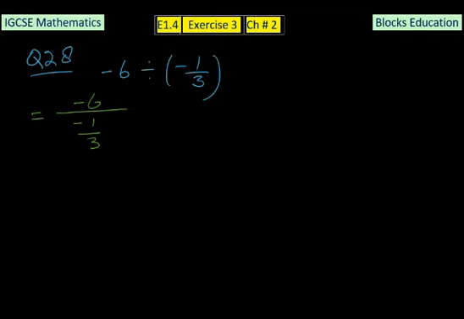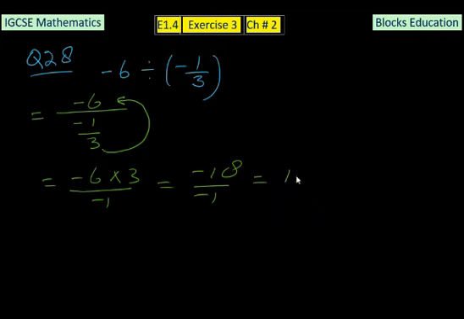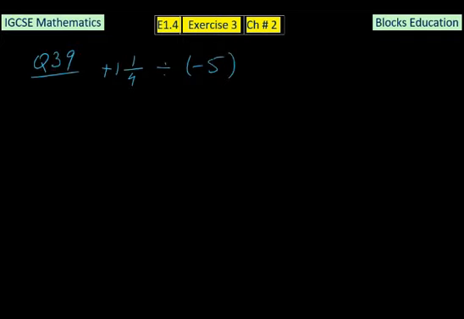Now as we know, according to the algebraic rule, if you have a denominator within a denominator, this 3 will multiply with this number. So it means we have minus 6 multiplied by 3 over minus 1. So we have minus 6 into 3 is minus 18 over minus 1, and minus over minus makes plus, as we know that. So the answer is plus 18.